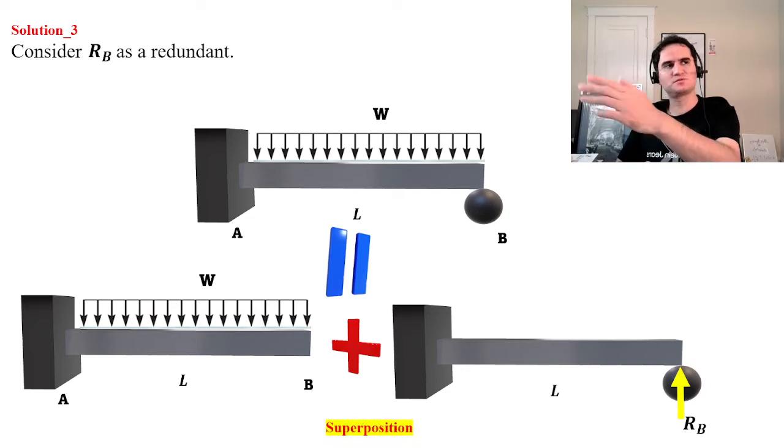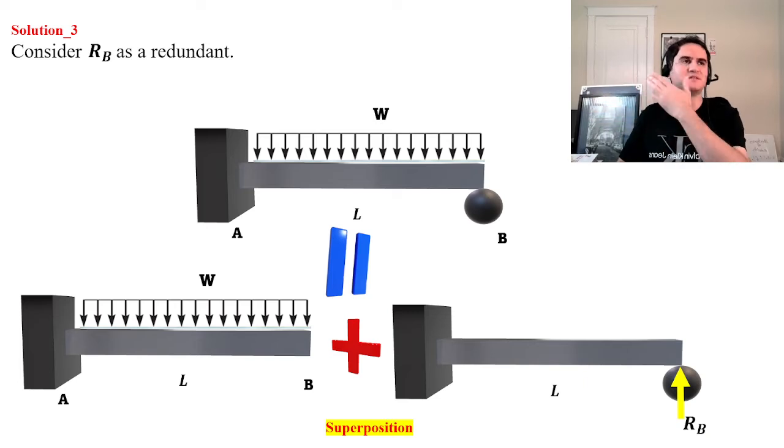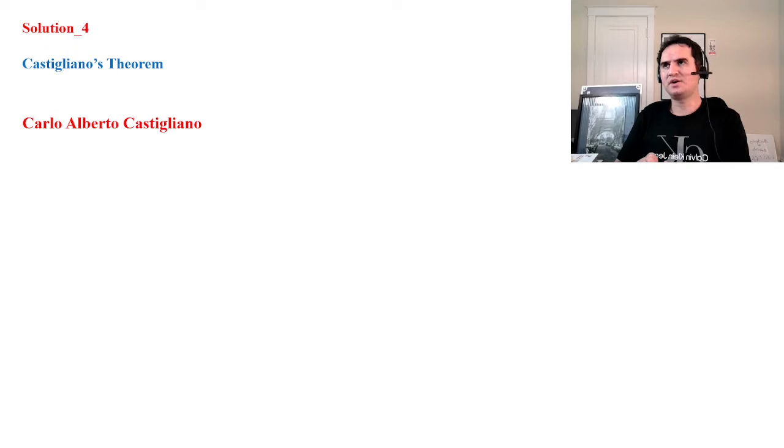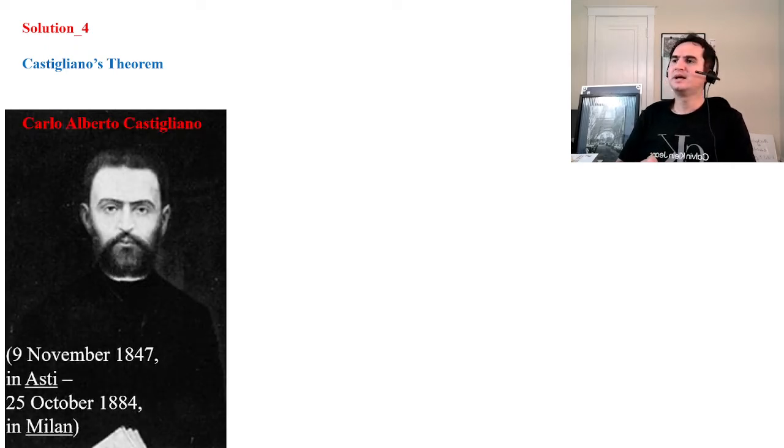The last approach, which I think is the most interesting one. Again, we have a superposition because we are adding separated effects and combining them with each other. The last one is the work of an Italian engineer called Carlo Alberto Castigliano, who developed Castigliano's theorem.